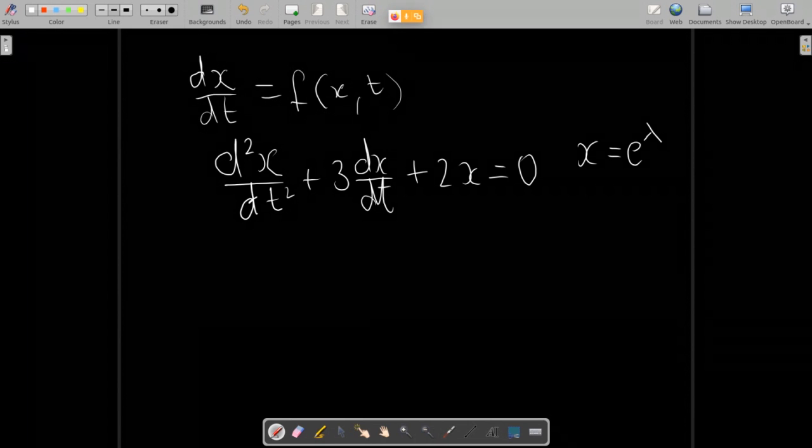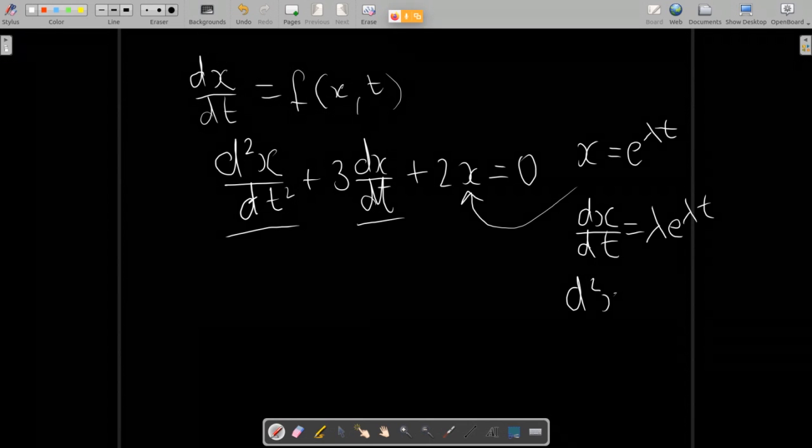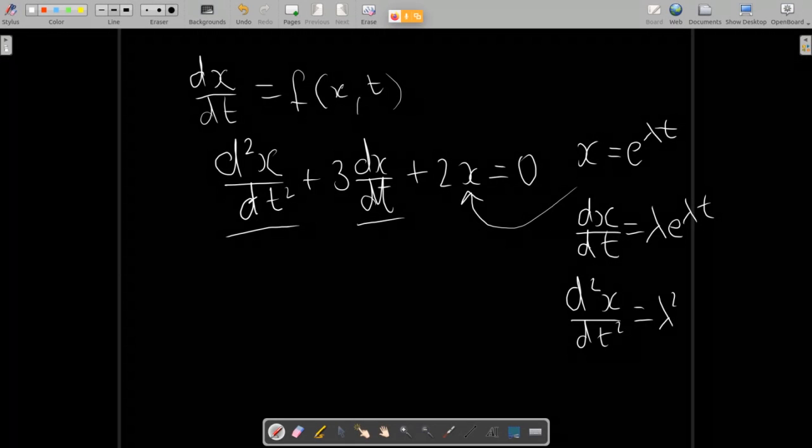So x equals e to the lambda t. We're going to substitute that into the differential equation, but we also need to find dx by dt and d2x by dt squared. I can just differentiate this right-hand side: dx by dt is lambda e to the lambda t, and d2x by dt squared is lambda squared e to the lambda t.